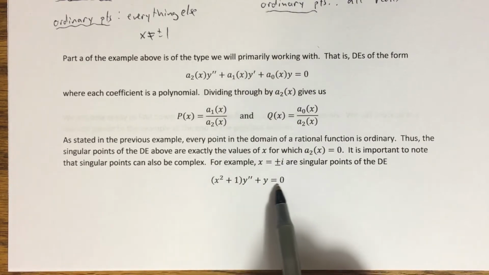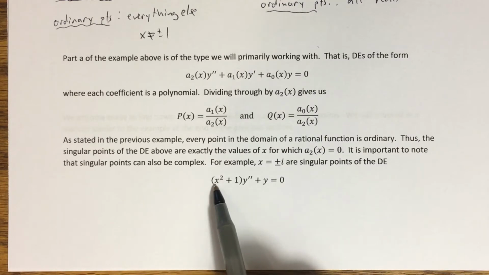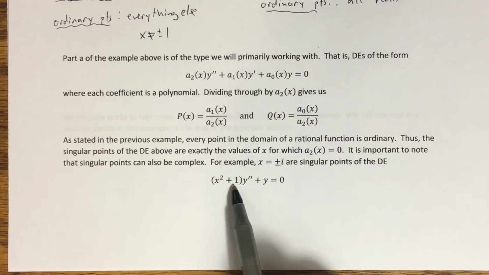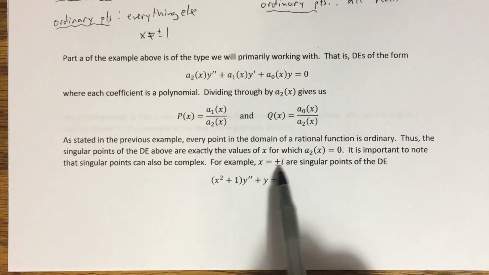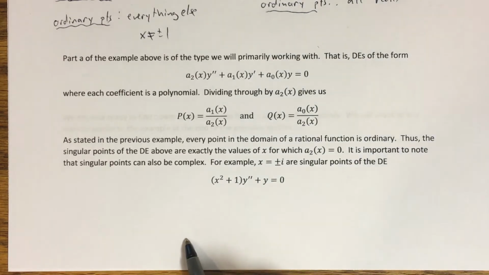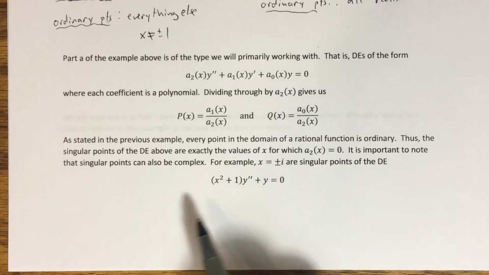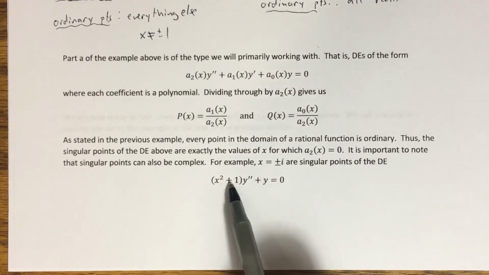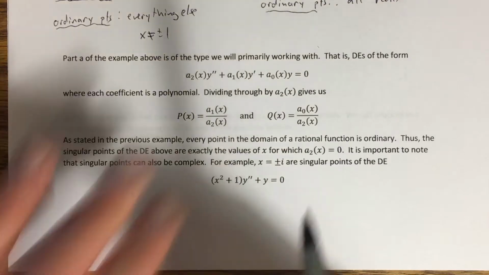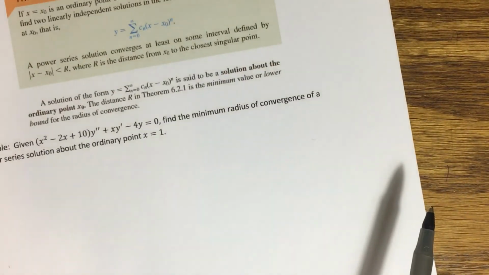The singular points of this thing will be exactly the zeros of this coefficient function, and those zeros are plus or minus i. Even though we're not using complex numbers in the domains of our solutions, they can be singular points for a DE. And we need to use that fact, which I'll show in just a moment here.